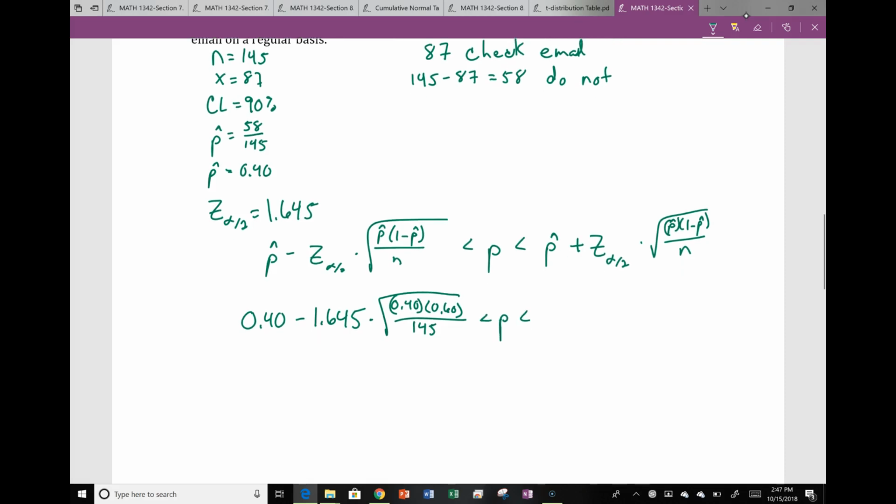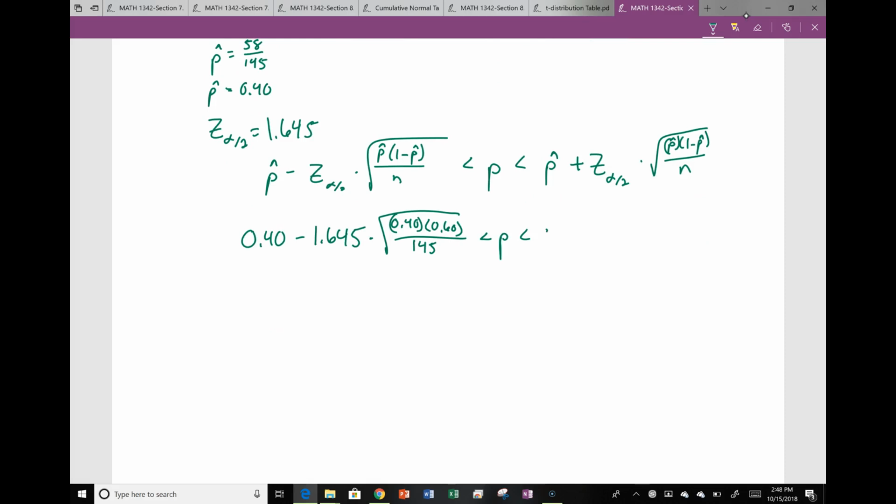So our population proportion is between that and 0.40 plus 1.645 times the square root of 0.40 times 0.60 divided by 145.